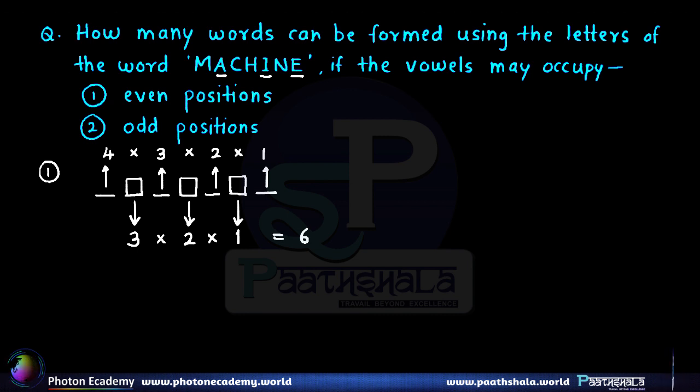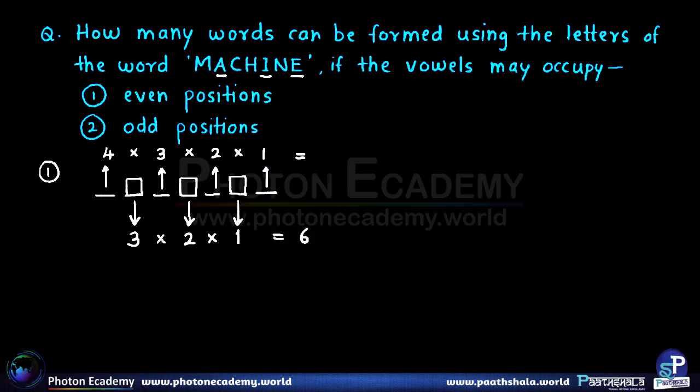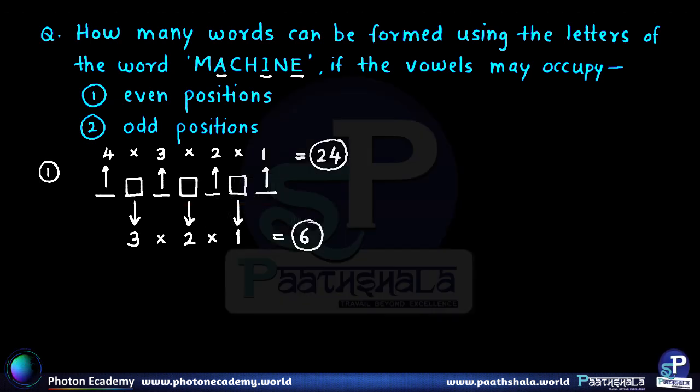So the total number of ways to fill up the odd numbered positions is the product of 4, 3, 2 and 1, which turns out to be 24. As we want odd numbered places as well as even numbered places, we must multiply the number of ways in which they can be filled. So that turns out to be 24 into 6, which is 144. So that's the first part.